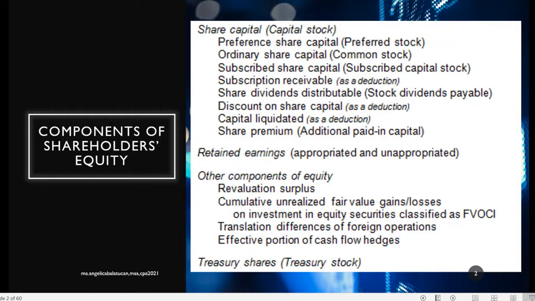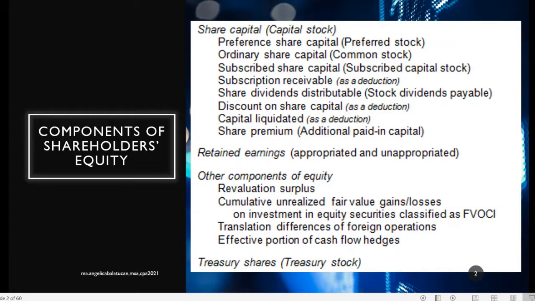Or if it is for ordinary shares, you can just write subscribed ordinary share. So it is specific. Then we have subscription receivable, either preference or ordinary, depending on what type of share has the subscription receivable.